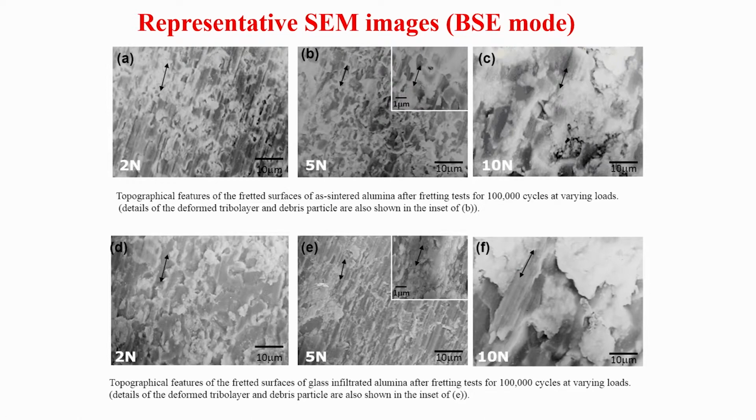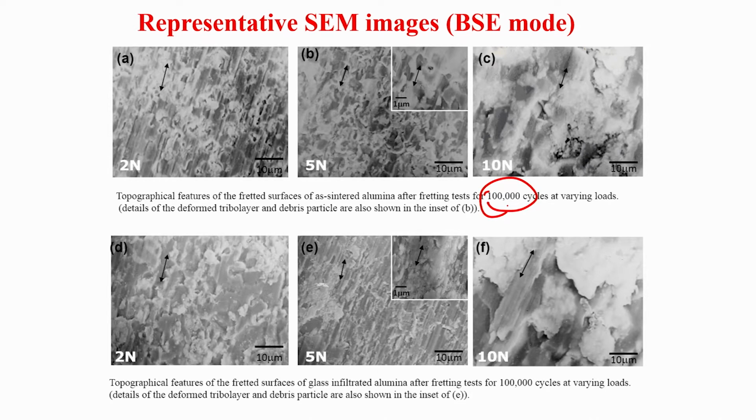Okay. So this is the backscattered electron imaging which we have captured using a scanning electron microscope of the worn surfaces. If you look at the first row of images, the first one is 2 Newton, the middle one is 5 Newton, and the third one is 10 Newton. This is the topographical features on the as sintered alumina after the fretting test for 100,000 cycles.